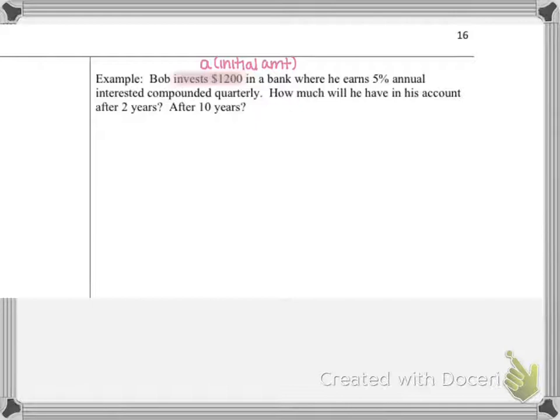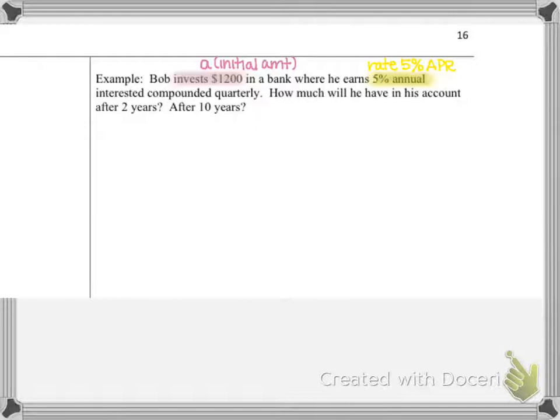He earns 5% annual. That means this 5% goes from January through December. So we have 5% annual. All right, so this is the rate at which his money is growing. It's 5%, but it is APR. So January through December.